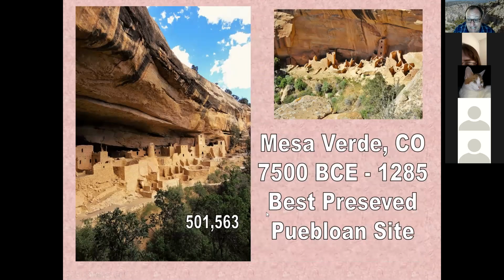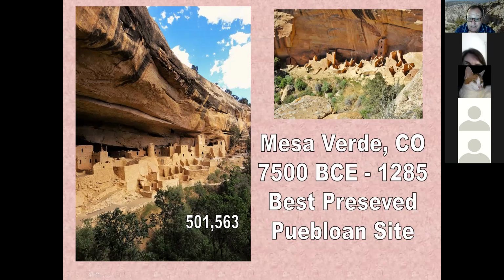Our next stop is back out west in Colorado, in Mesa Verde, the Pueblo Indian settlement made in sandstone cliffs. A very popular place. A lot of the Pueblos were built in these overhangs.